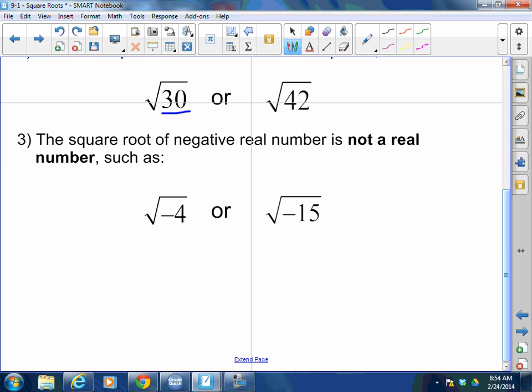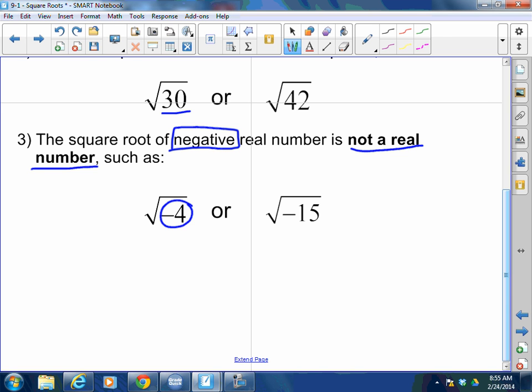And last but not least, the square root of a negative real number is not a real number. And I will explain why. Let's take this negative 4. My friends, what times itself is negative 4? Nothing. A lot of times people say, oh, negative 2.